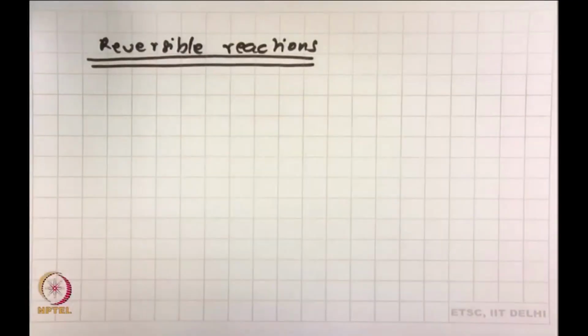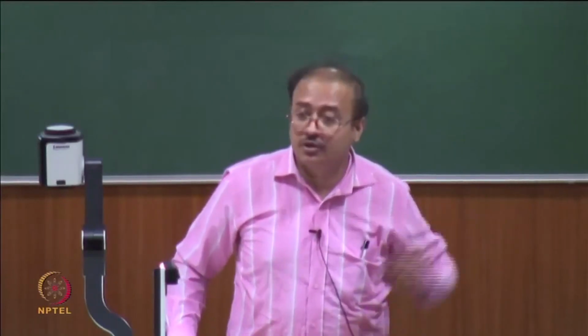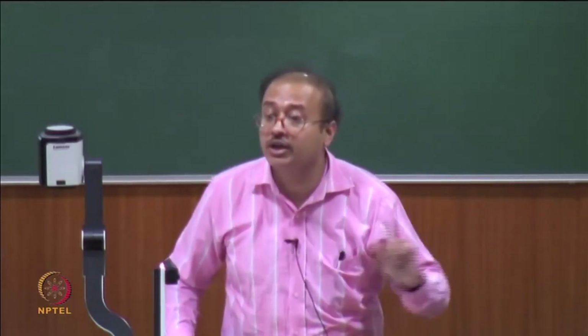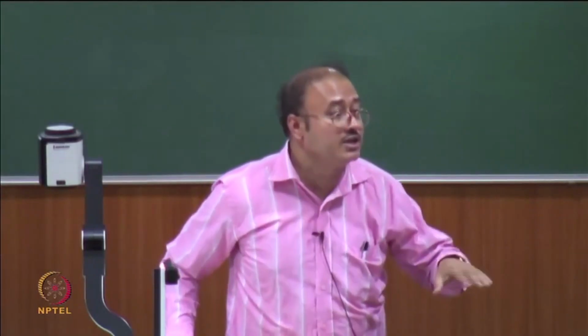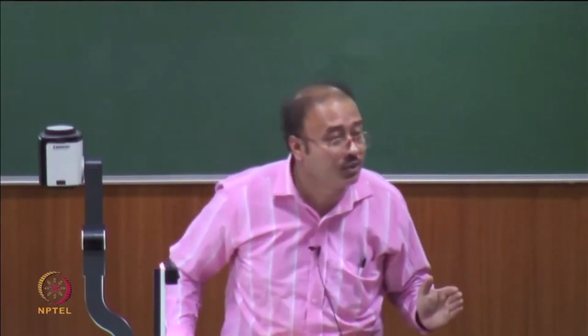So, remember, when we are talking about this folding and unfolding, we are not talking about just an irreversible, one way process. Why? Because at each and every point we are maintaining an equilibrium between these two states, and the moment we are talking about equilibrium, obviously we are focusing on a reversible equilibrium.